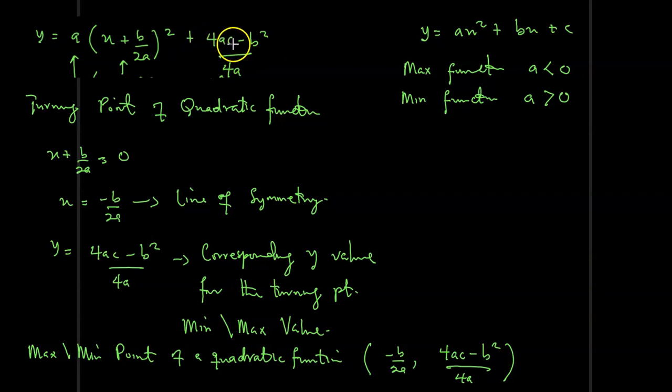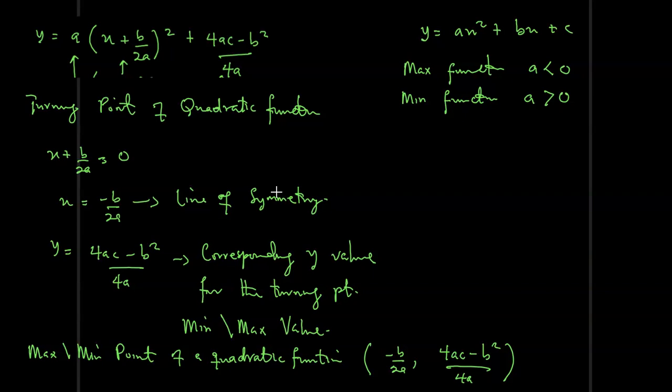And then the 4ac minus b squared over 4a is known as the minimum or the maximum value for the turning point. And then also we have x plus b over 2a when equated to 0, and you solve for x, it gives you what we call the line of symmetry.